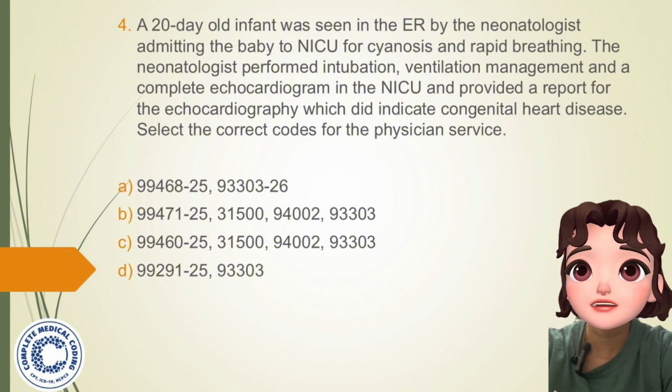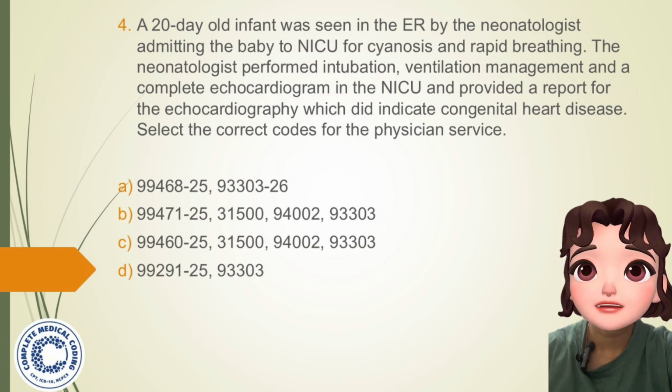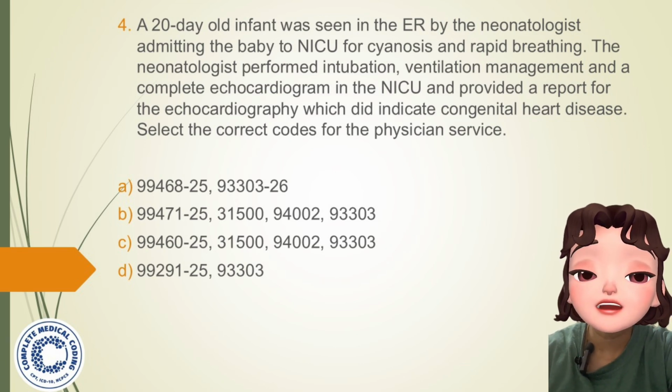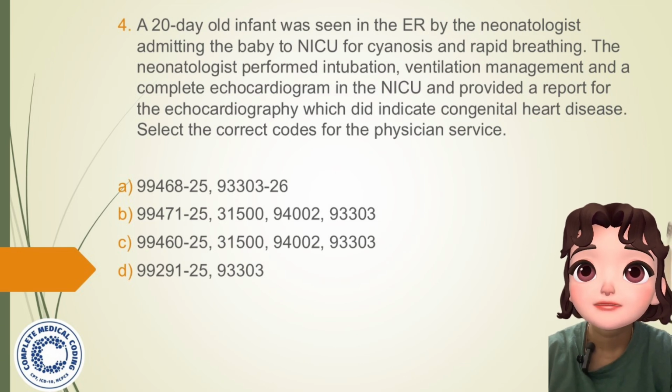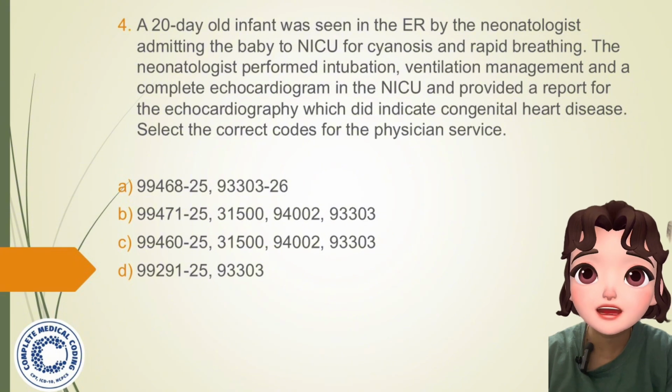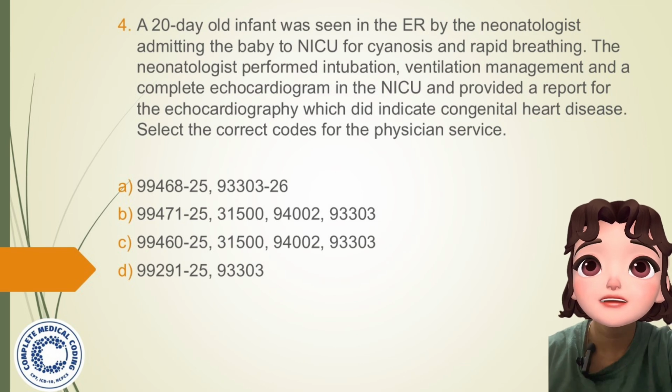This is not birthing center, so leave that. And 99291 represents the E&M code. So, as discussed, we already got the neonatal critical care CPT code as 99468 with modifier 25. What does modifier 25 represent?